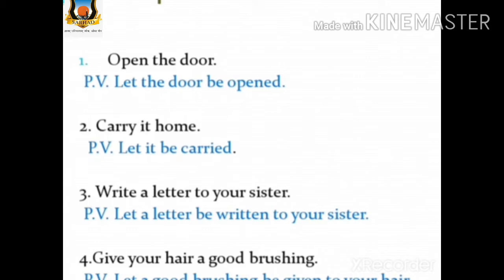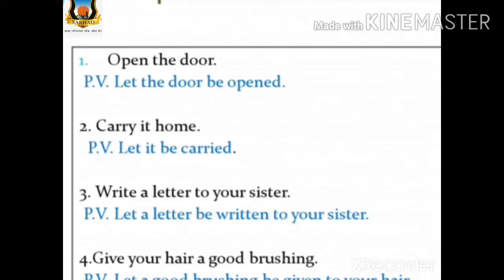Now next, carry it home. It is converted into the passive voice like this: let, then object it, then be, and then V3 carried. Let it be carried.